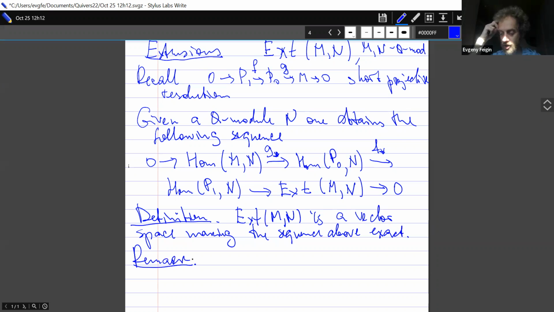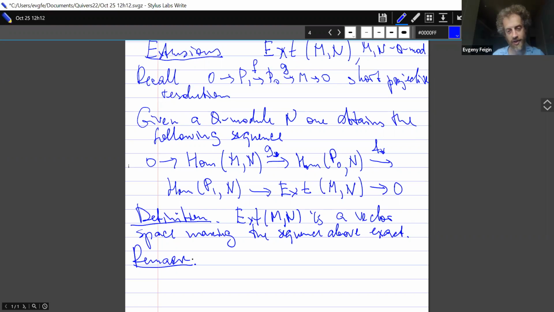Can we write some formula saying what this Ext is?